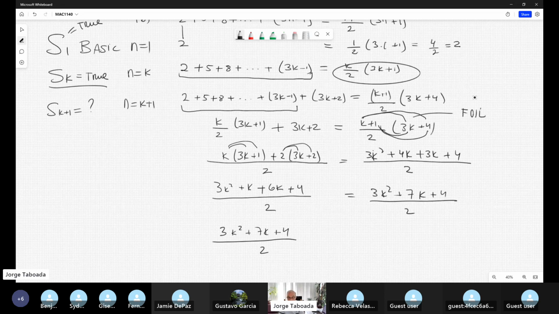Cool. And this is equal to this, and we prove that. I fix it in my paper, guys. I did it wrong: this is 6, this is 7, this is 4.